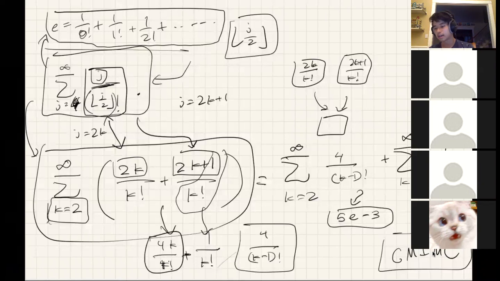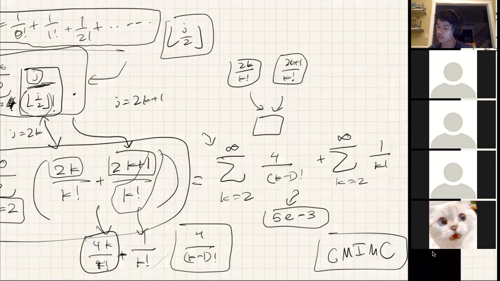By summing the summand over the quantity floor of j over 2 instead of the quantity j, we were able to magically get rid of this pesky floor term, and instead simplify it into something that looked like this, which we could easily verify. So anyways, that's it for this problem.